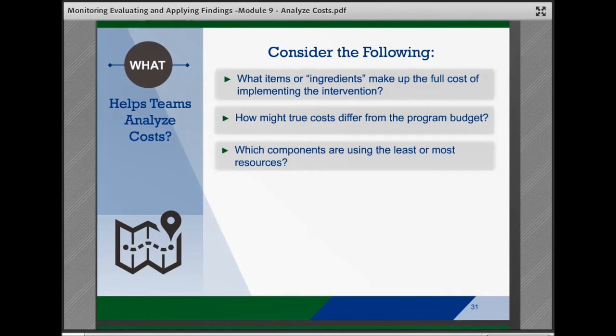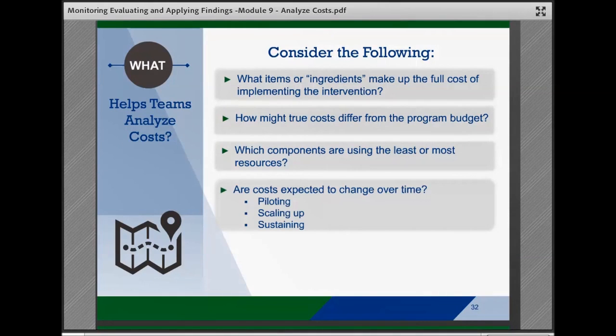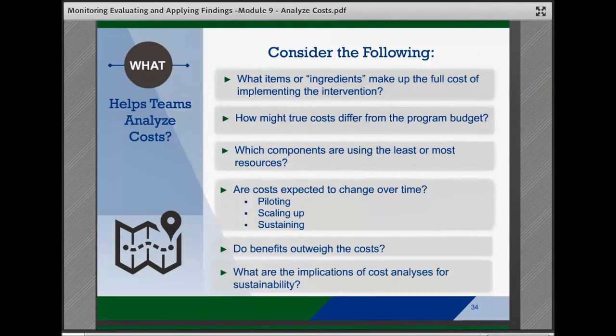Which components are using the least or the most resources? Are costs expected to change over time? For example, when piloting, scaling up, or sustaining a widespread implementation effort. Do benefits of the intervention outweigh the costs? And what are the implications of a cost analysis for sustainability?